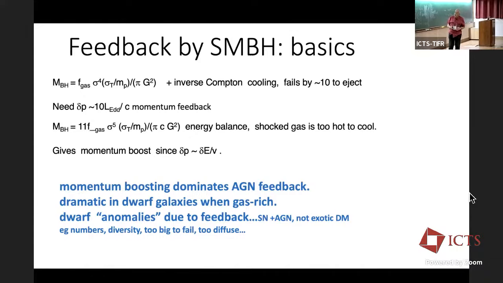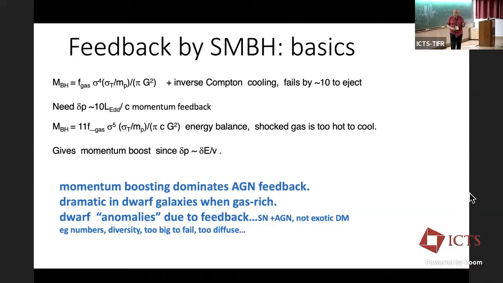In the case where you have momentum feedback, that is, you couple by momentum, the gas can cool outside the central outflow, and then it's a similar story. Momentum drives the gas out. And there's one really curious piece of physics that I find fascinating.